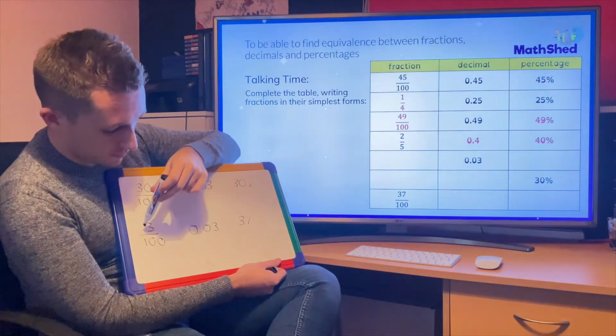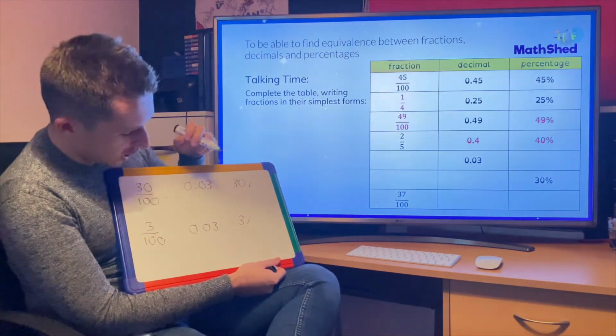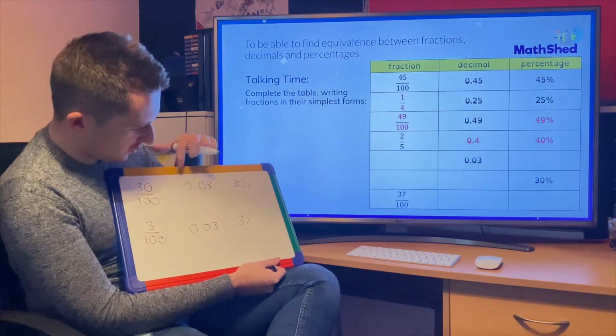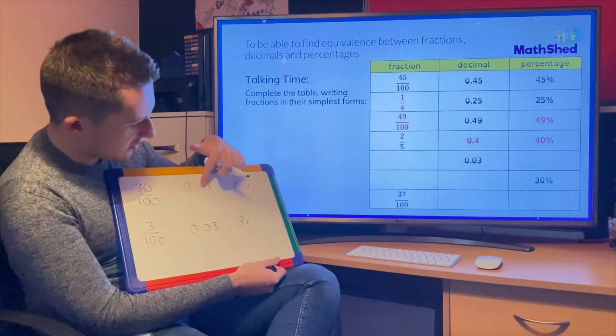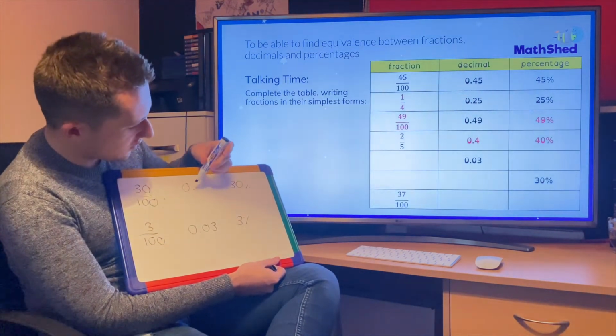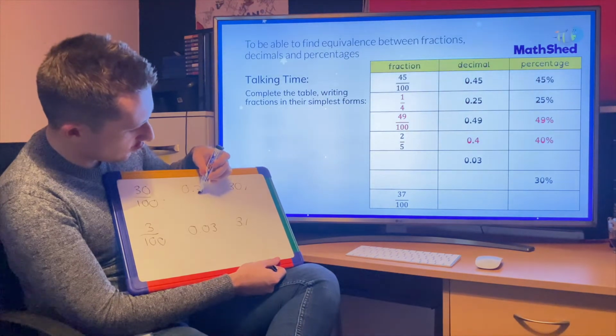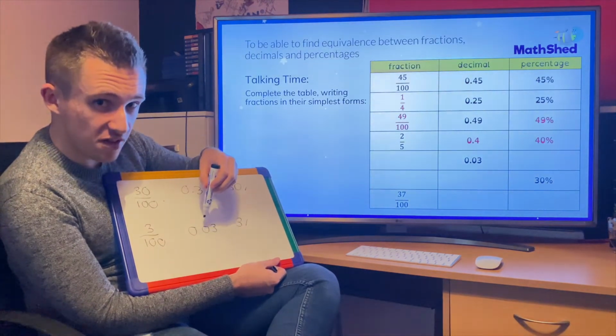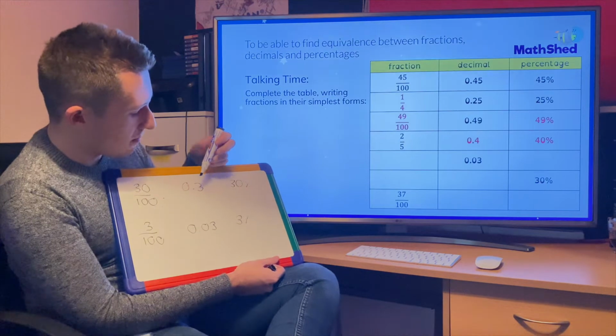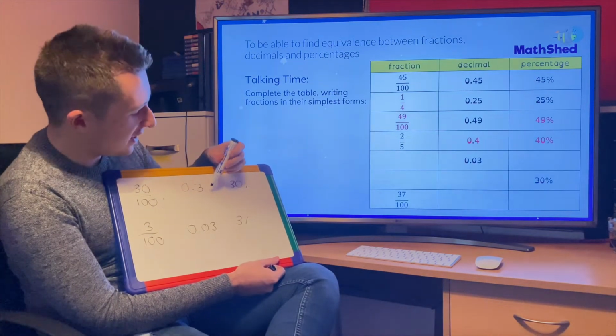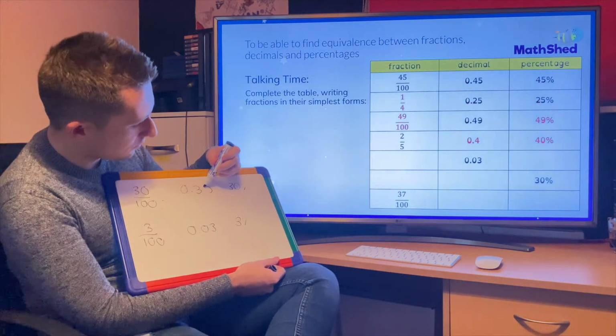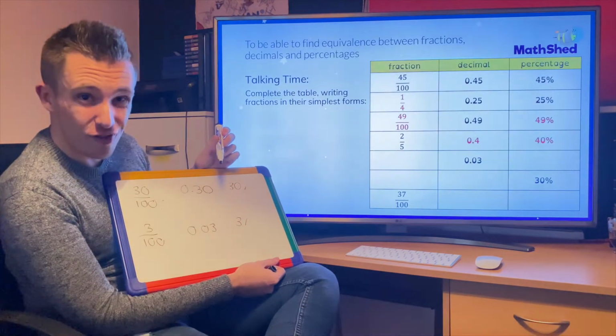Well, the correct one is here, because for this to be correct, this decimal would need to be 0.3, not 0.03. Because remember, 0.3 is the same as 0.30.